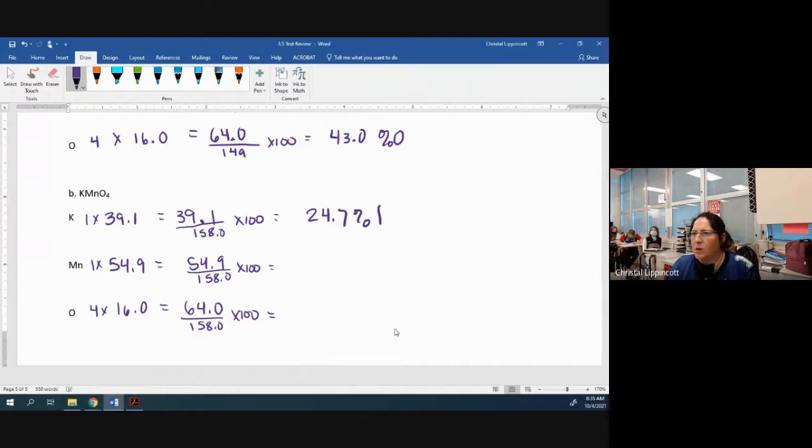The answer is in percent for whatever element is my part. 34.7, and go back, add these up together.